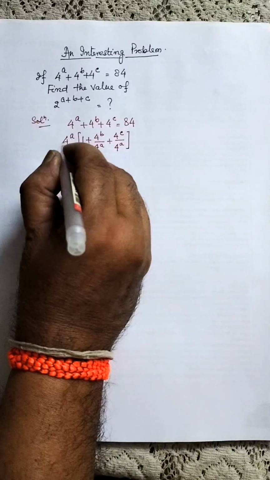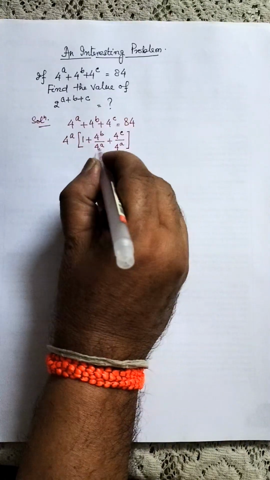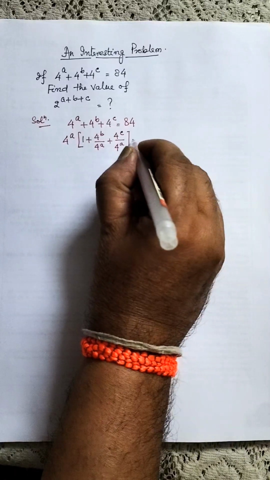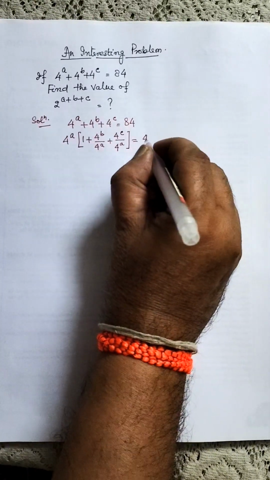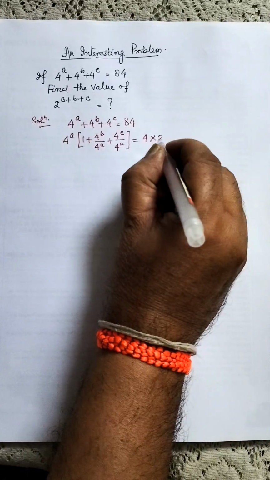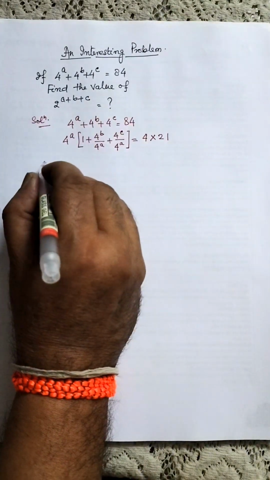Because we have taken 4 raised to the power of a common, the other terms will be divided by 4 raised to the power of a. And this 84, let us write it as 4 times 21. Right? Now, let us compare.